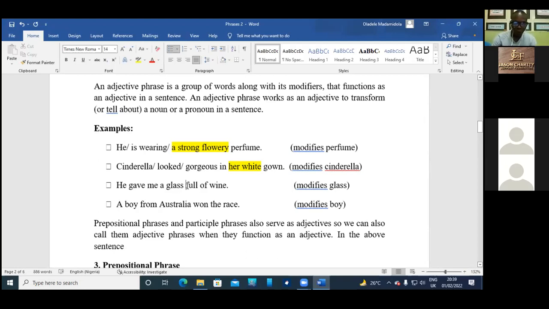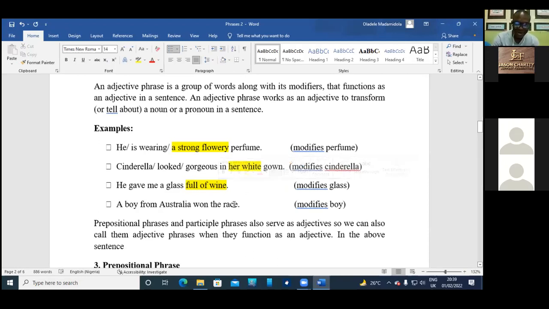So full of wine here will be the adjective phrase because it is telling us more about the what? The glass, right? Okay, so that is the adjective phrase. So you can see that the adjective phrase can come before or after the noun. Is that okay?